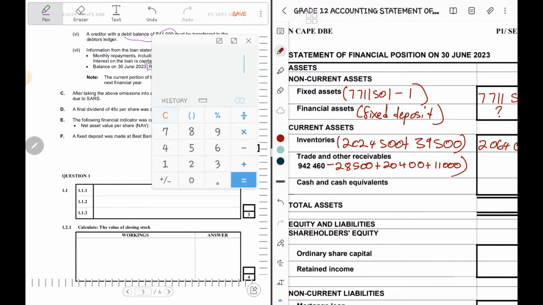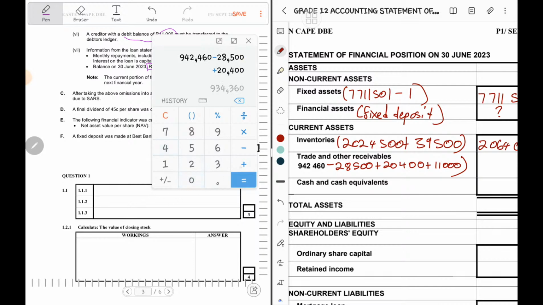Then that gives us how much? So we're going to say 942,460. We subtract 28,500. Then we add 20,400.